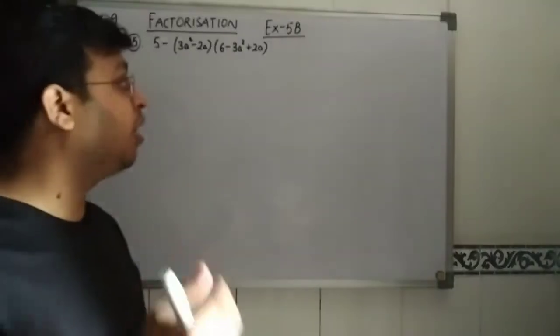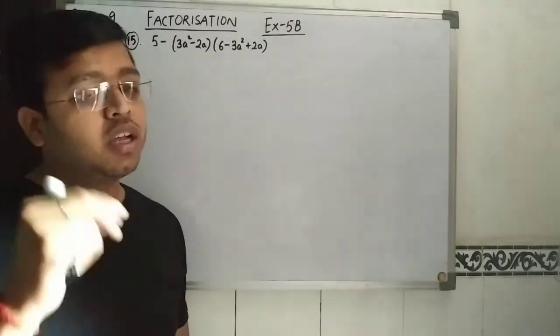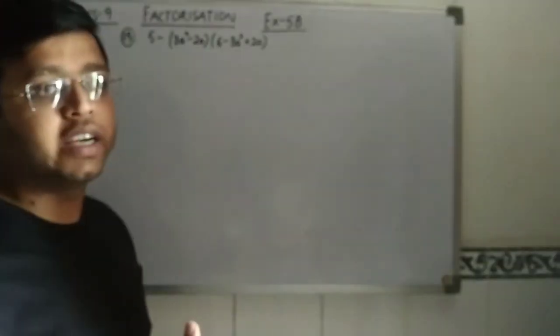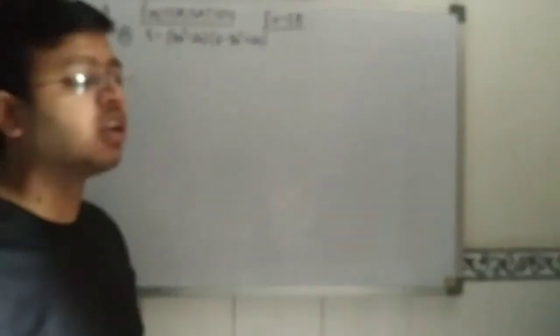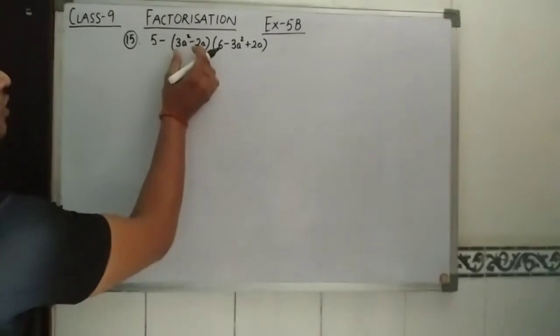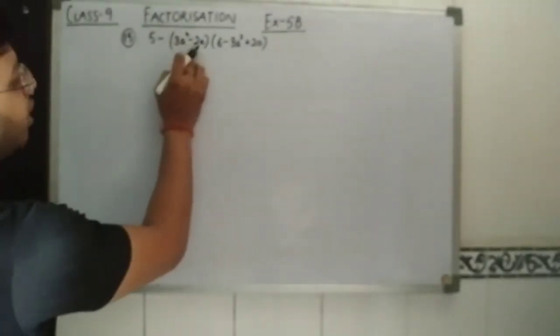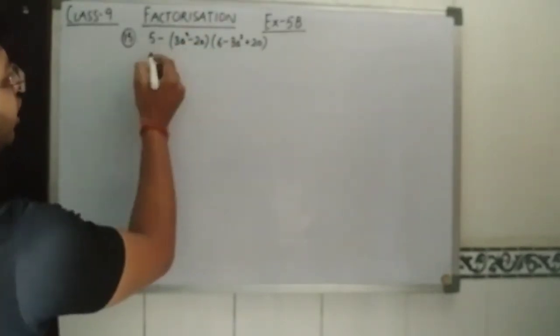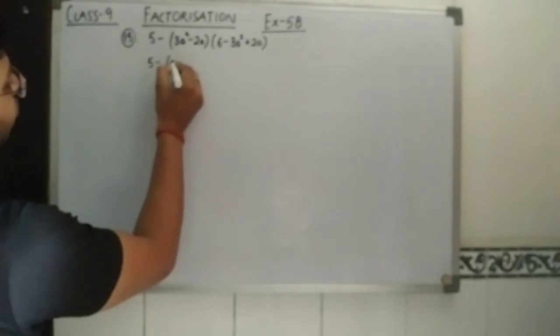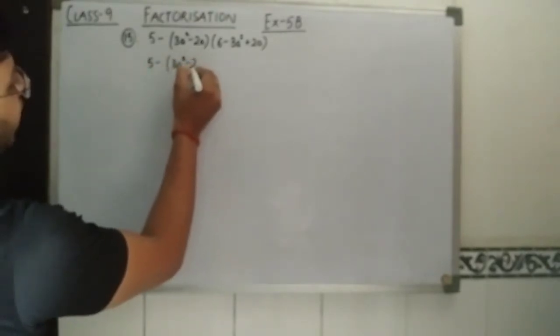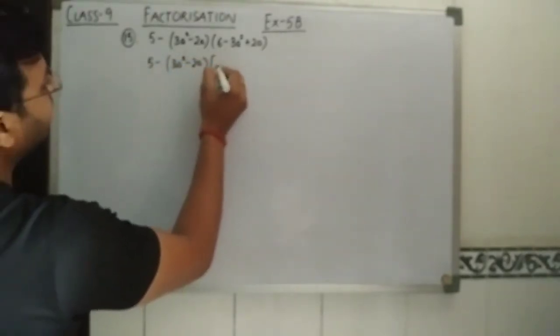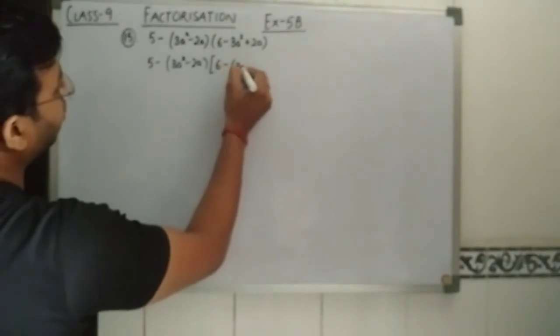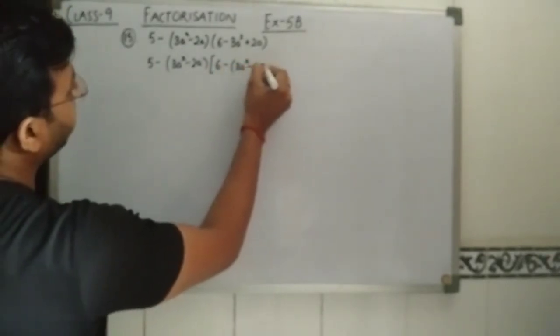So first we have to convert it into questions like middle term splitting. For that purpose, we can see that 3a square minus 2a is written over here and 3a square plus 2a is also written here. So first we have to take minus common from the second part.